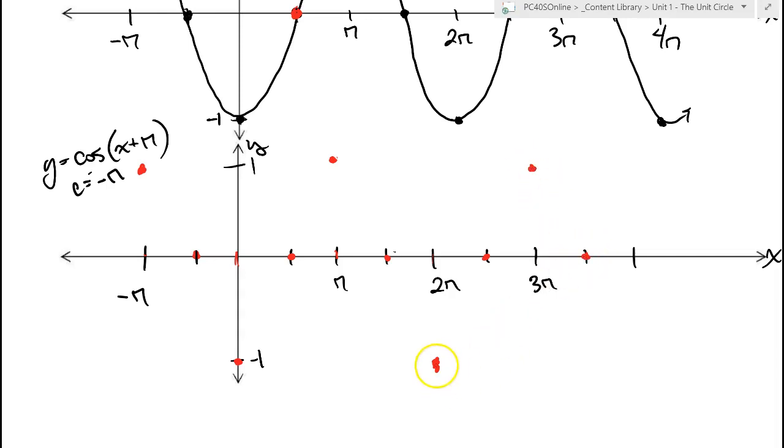You can just do your best to make sure your points are consistently in line. So if this was my starting point, maybe I'll make it a little star here.